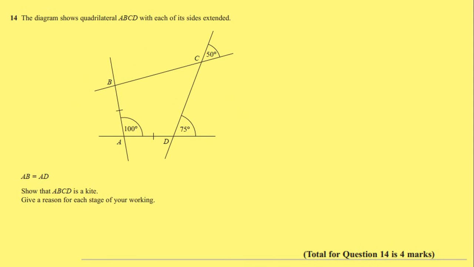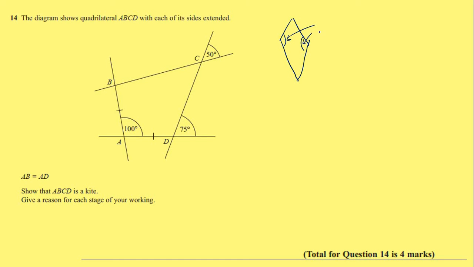Moving on. The diagram shows a quadrilateral A, B, C, D with each of its sides extended. A to B is equal to A to D, which is shown by these little lines here. Show that A, B, C, D is a kite. Now to show that something is a kite, we need to prove that it's got 2 angles that are the same and opposite to each other.